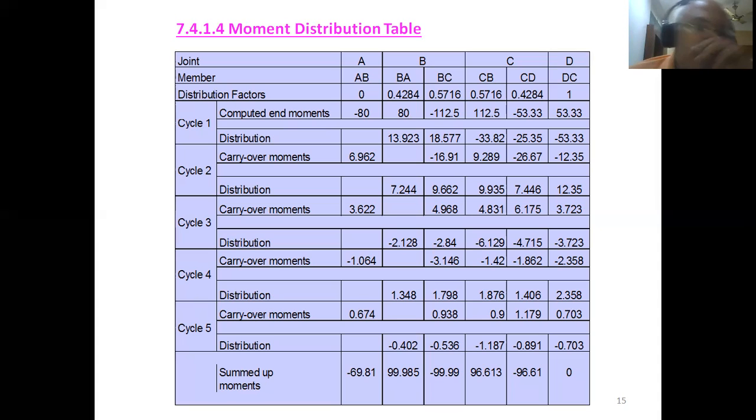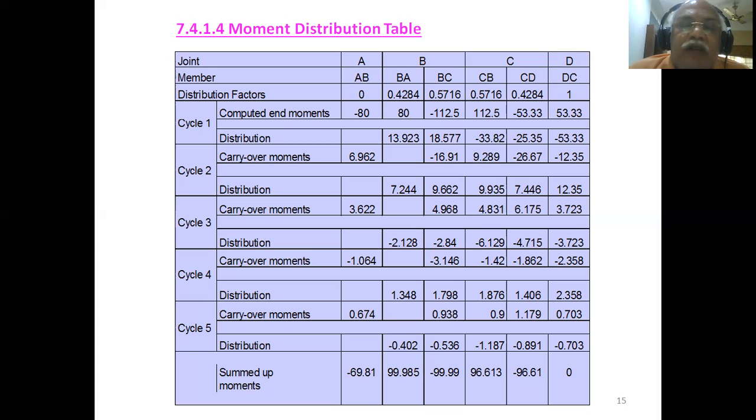Again, friends, whatever unbalanced moment is there, 26.67, that will be carried over as 12.37. That is 12.35, whatever it is, that will have to be nullified because it is simply supported.